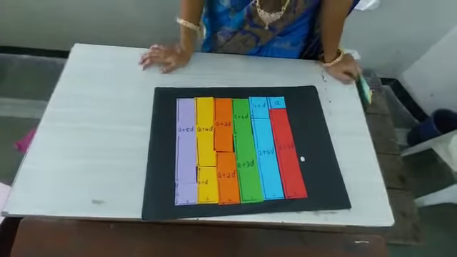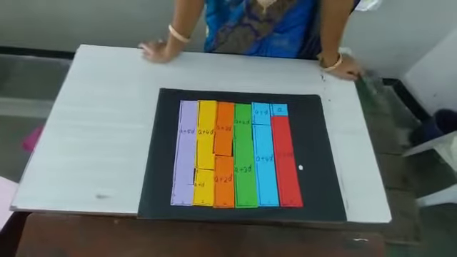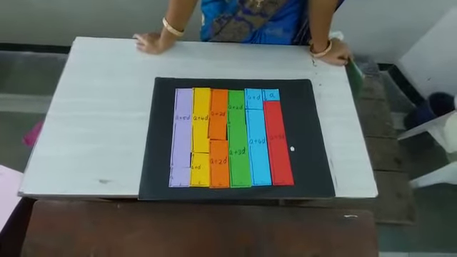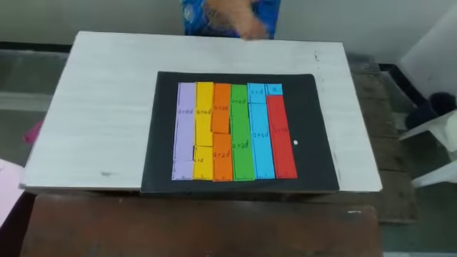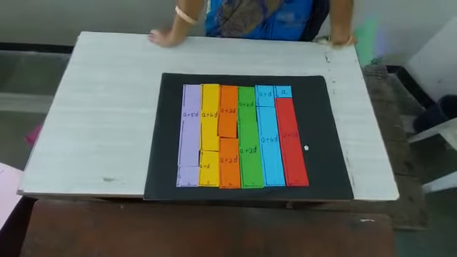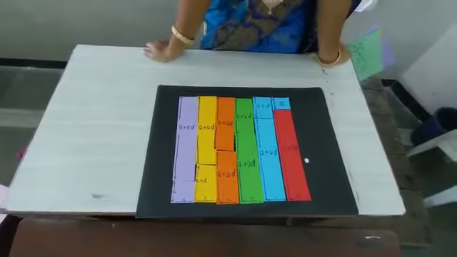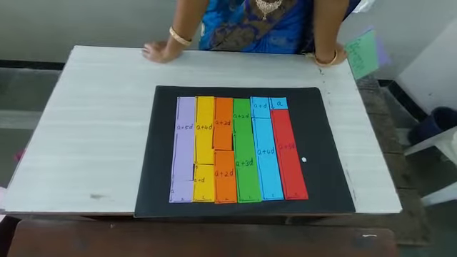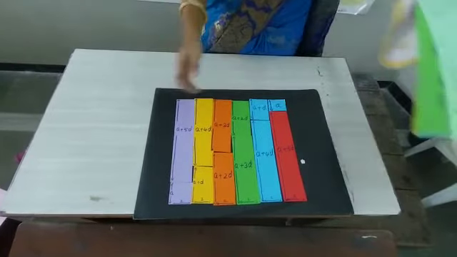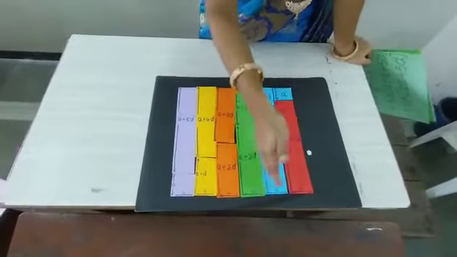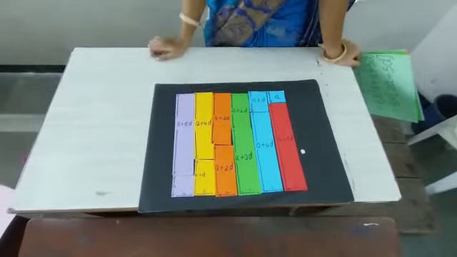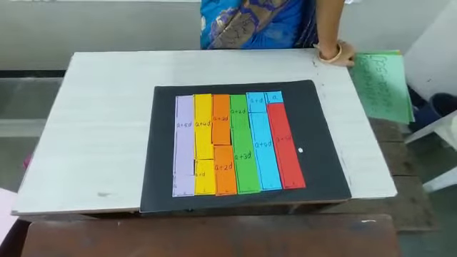So what is the figure? Can you observe the figure formed by these rectangular strips? You're correct, it is a rectangle. If I want to find the area of the rectangle, what is the formula? The area of a rectangle is equal to length into breadth. What is the length? If I take 1, 2, 3, 4, 5, 6, 6 strips are there, so I can take my length as 6.